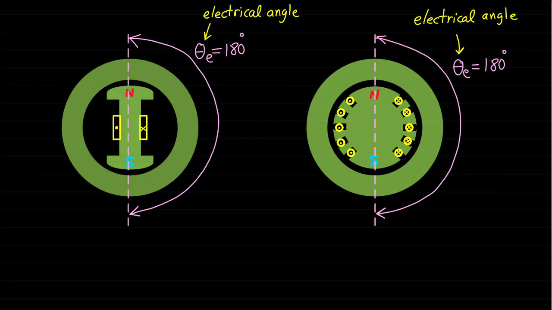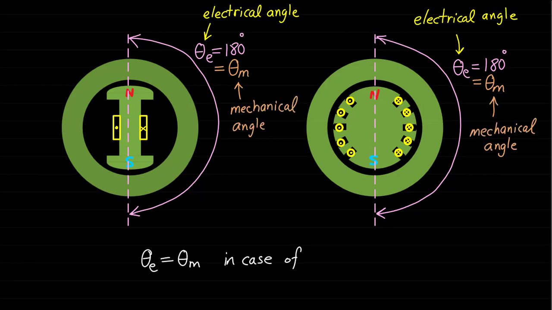The electrical angle in case of the two poles machine is equal to the mechanical angle theta m. Basically, the mechanical angle is the angle measured in space between 2 points around the machine. However, the electrical angle depends on the number of poles of the machine.